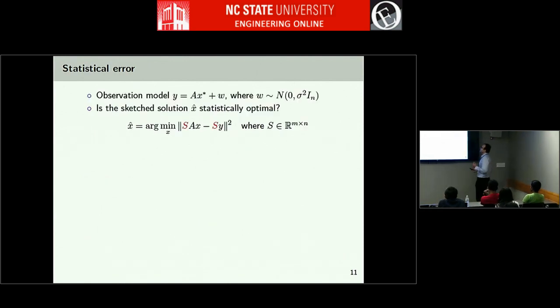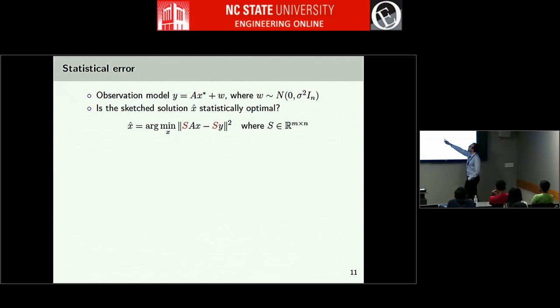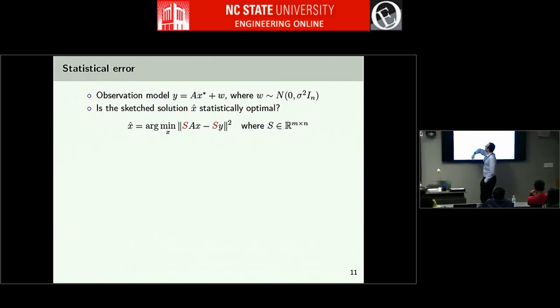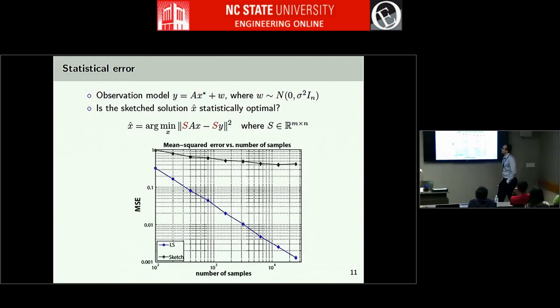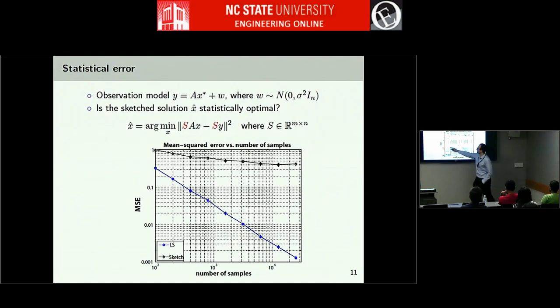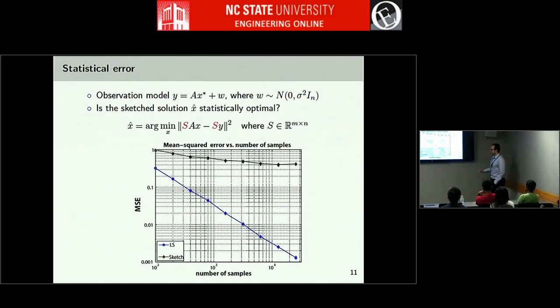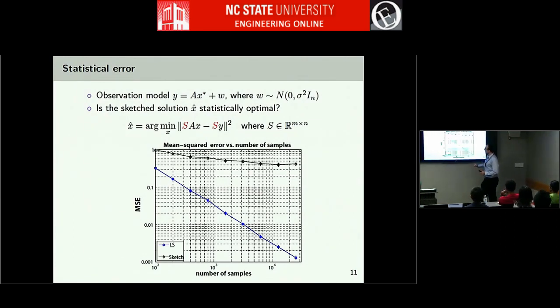So a very natural question is, if I apply the sketching method for least squares, I will approximate X star using X hat, using the sketch data. Is this optimal, right? So if you do simulations, if you increase the number of samples and look at the mean squared error, which is the expectation of the squared prediction error, you will see that least squares will do very good, and it will have the correct scaling.